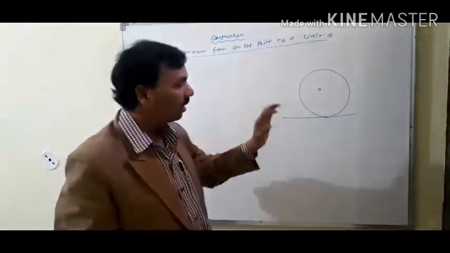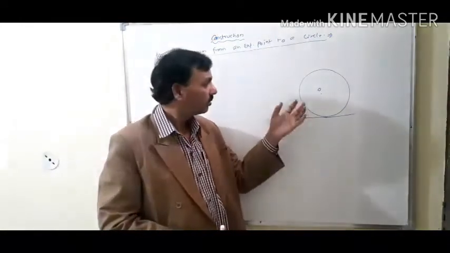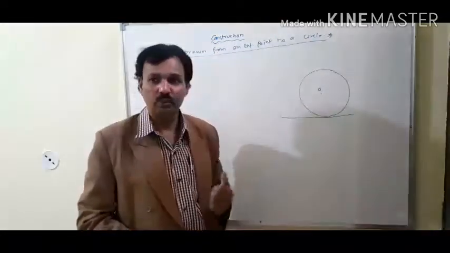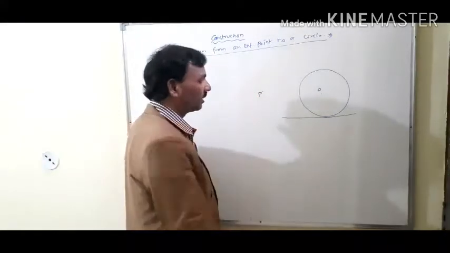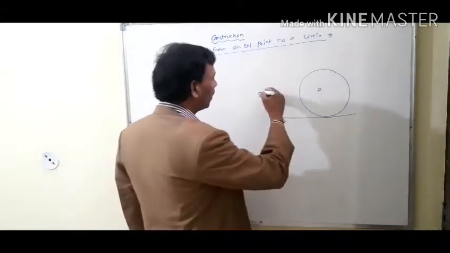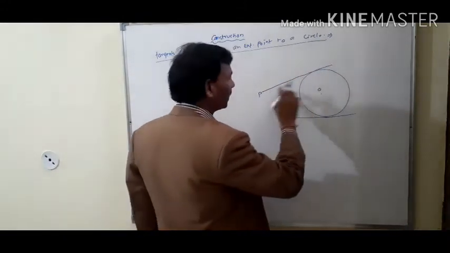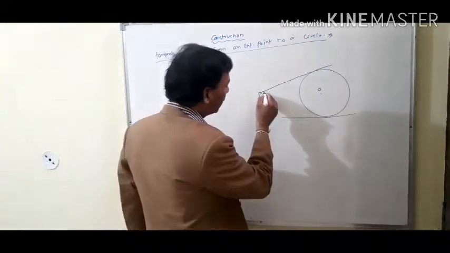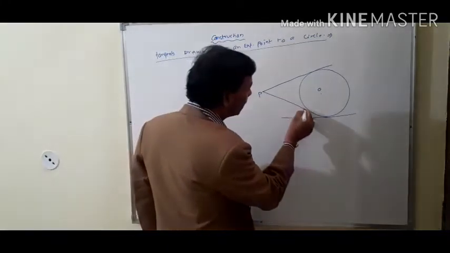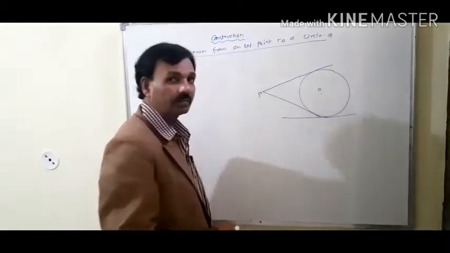First thing, how many tangents can be drawn from an external point to the circle? Suppose this point P is an external point and you can draw this type of line which touches this circle at one and only one point, and another line can be drawn like this which touches this circle at one and only one point.